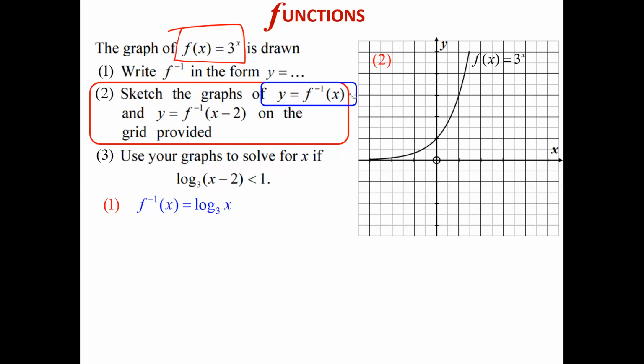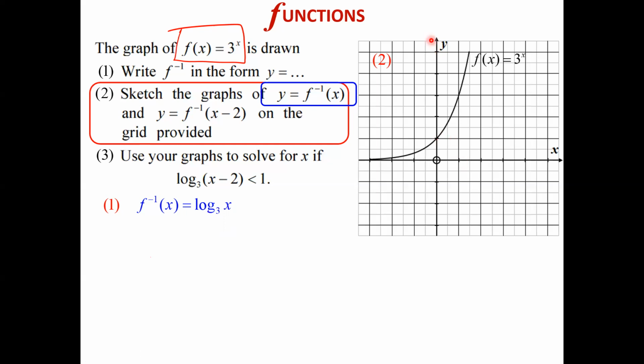And if you remember in class, an inverse simply means swap x and y. So if we look at the graph, on the y-axis, it's cutting the graph at 1. So that 1 needs to move to 1 on the x-axis.